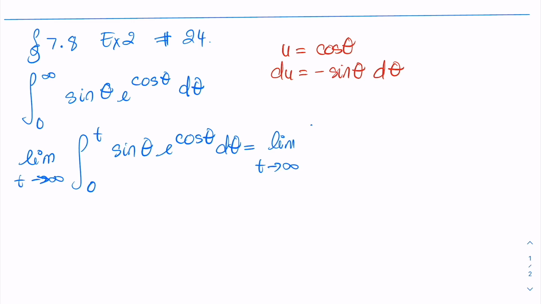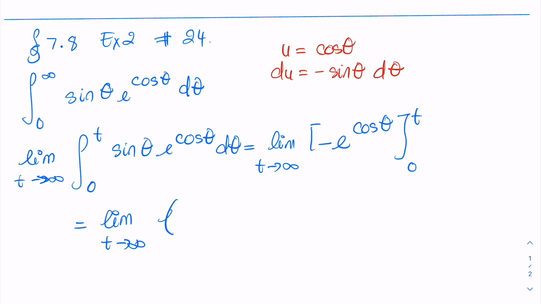I'm going to take care of that negative, so I'm going to put a negative there, e to the cosine theta. And then we want to evaluate from 0 to t. So this is going to be limit as t goes to infinity, negative e to the cosine t plus e.